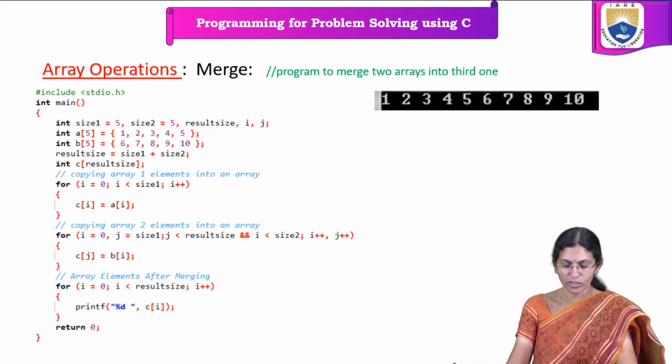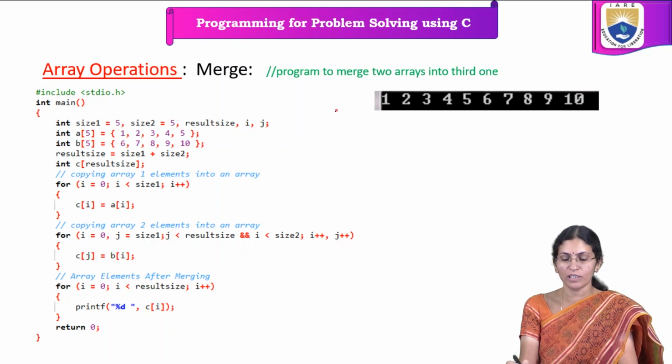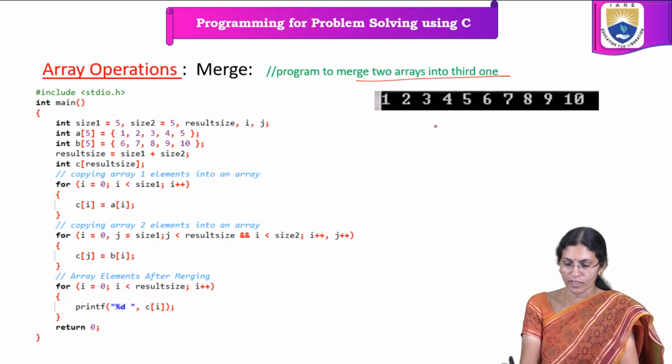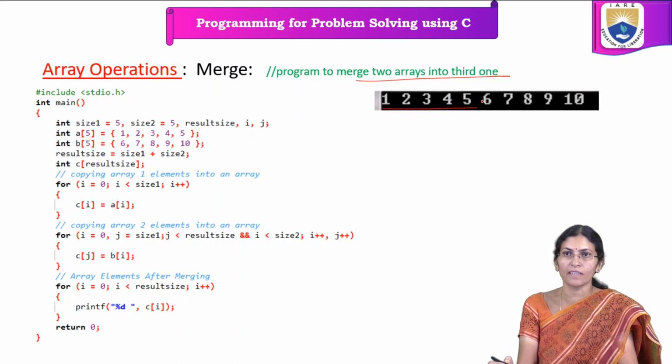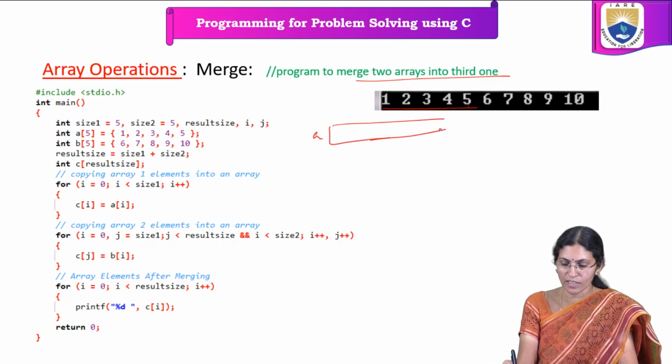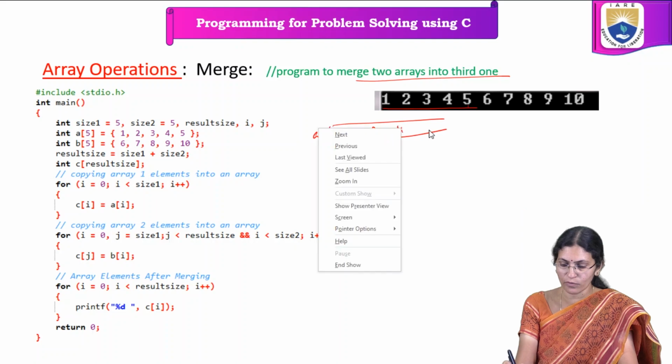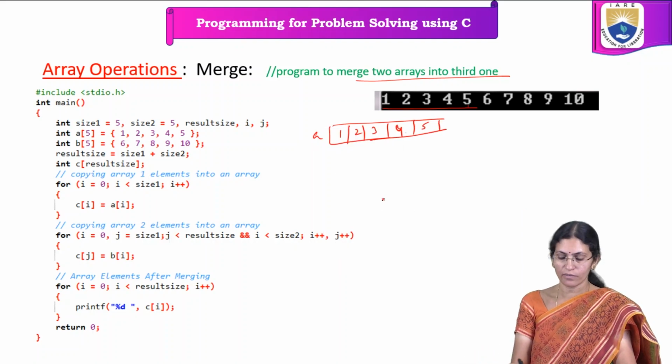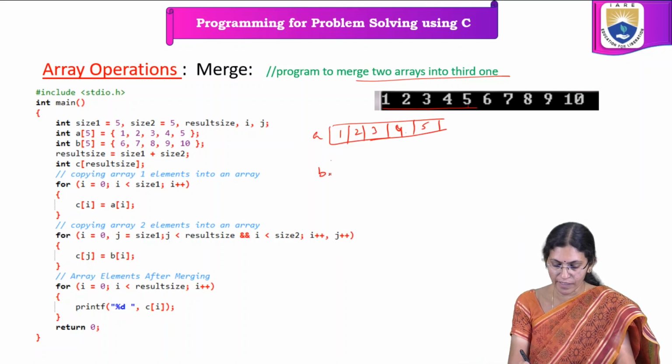Next is the merge operation. Merge operation is nothing but merging two arrays into a third one. Suppose we have two arrays. In the first array we have 5 elements: 1, 2, 3, 4, 5. In the second array we have another 5 elements: 6, 7, 8, 9 and 10.